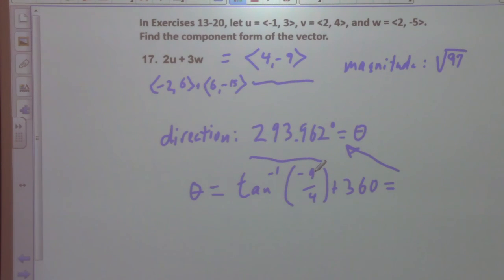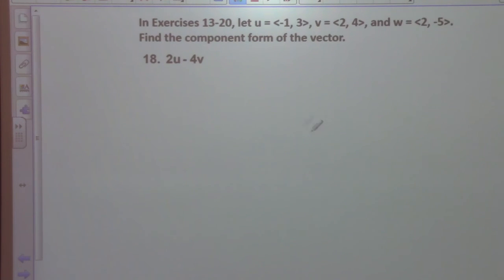Number 18. All right, Angel. The vector is -10, -10. So he got -10, -10.